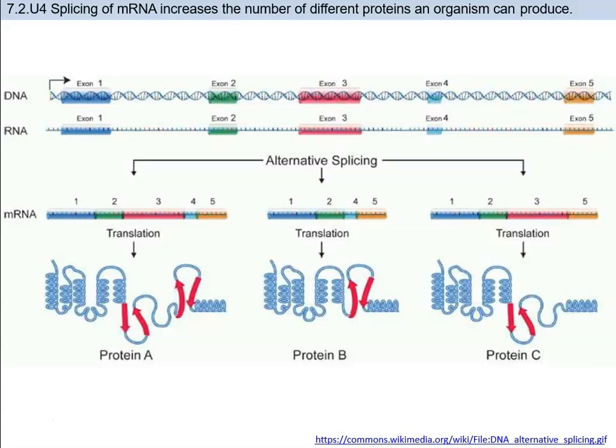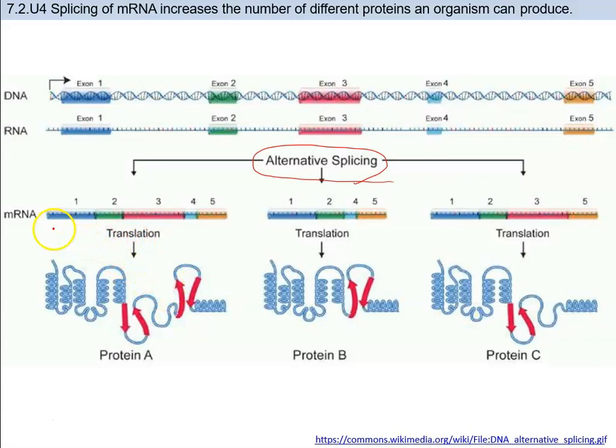And the last slide explains how alternative splicing can occur and is very important, and it can create different types of protein only at the level of alternative splicing.